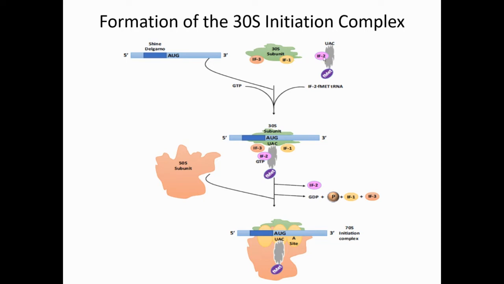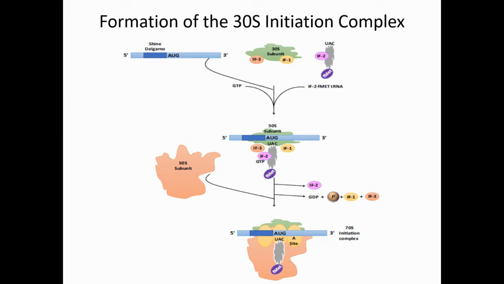And during the initiation stage, first of all, the 16S ribosomal RNA in this small subunit will recognize and bind the Shine-Dalgarno sequence. So now bring this to here. So they bind together.